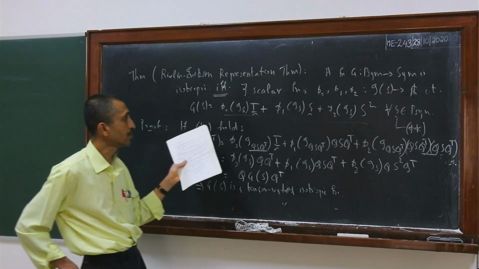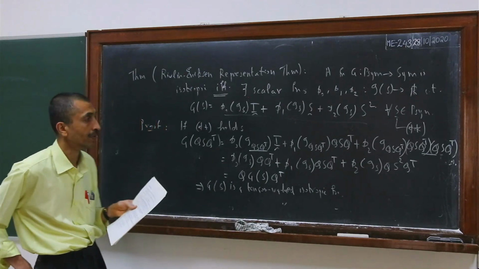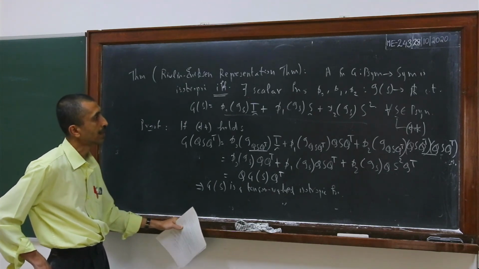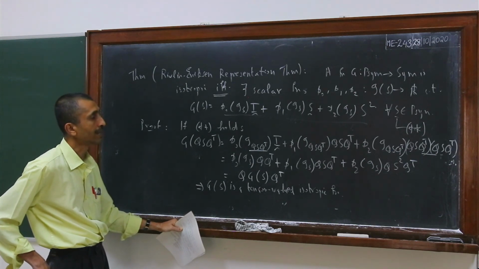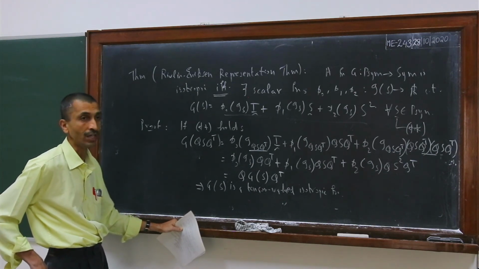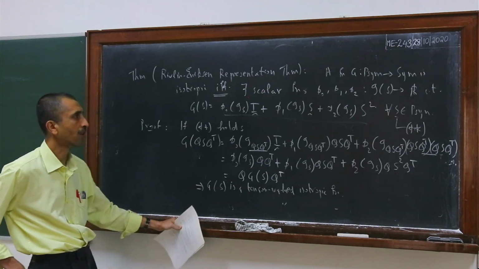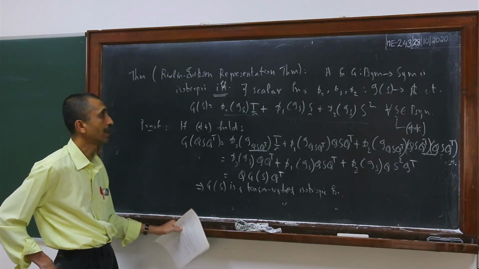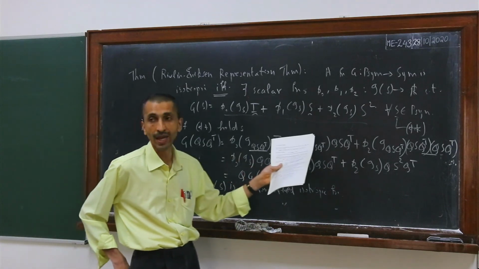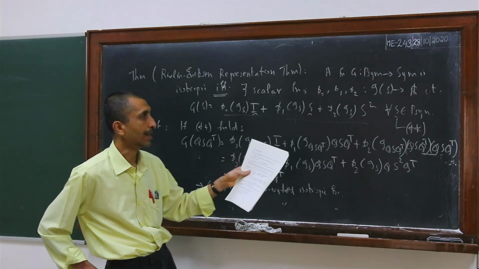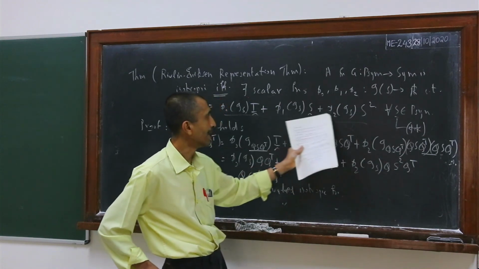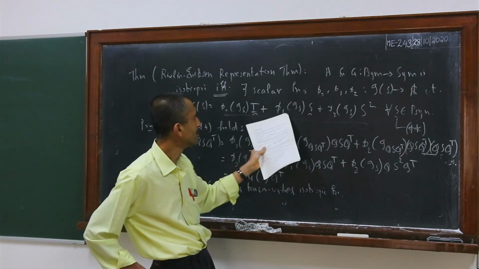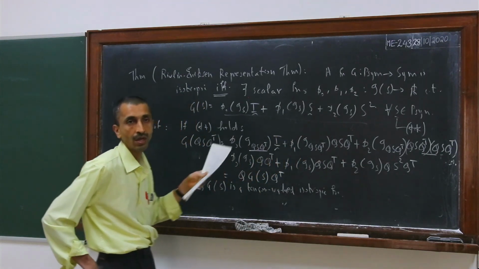But just to point out the difficulty in proving the converse: suppose I knew that g of S is always a polynomial function of S. Then the proof would be quite simple, because I can just assume some polynomial, and by the Cayley-Hamilton theorem the polynomial can always be reduced to I, S, S squared, and then it would be just a matter of proving that phi naught, phi1 and phi2 are functions of the principal invariants.